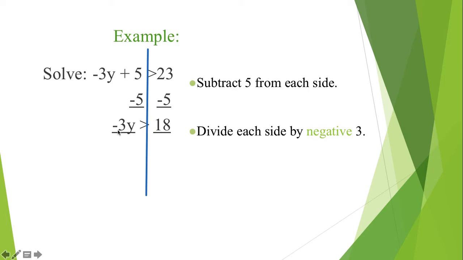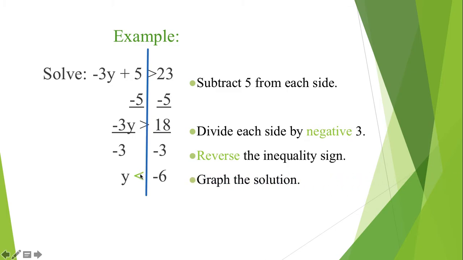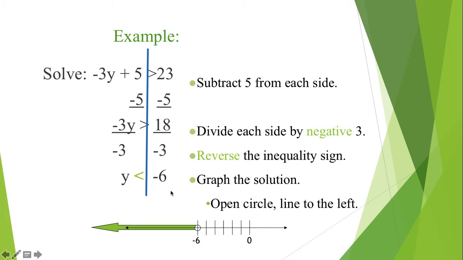So when we have a negative number, we are going to put the inverse, -3, on both the sides. We are going to divide. Remember, when we divide any number with a negative sign, we need to reverse or flip the inequality sign.